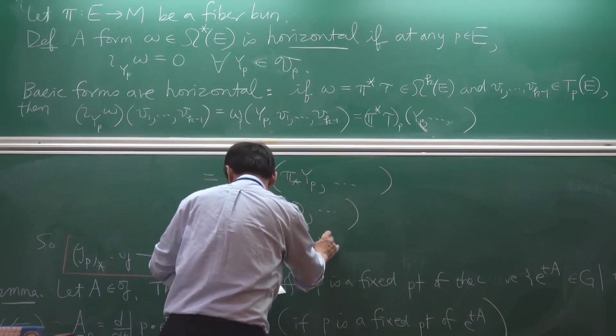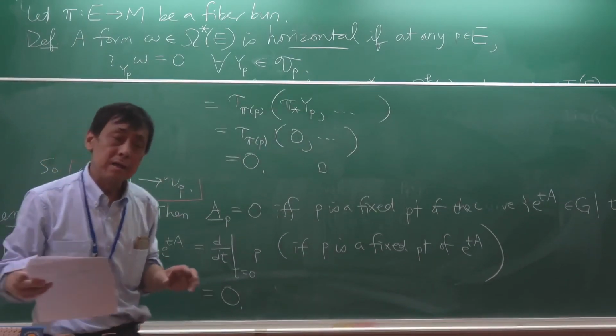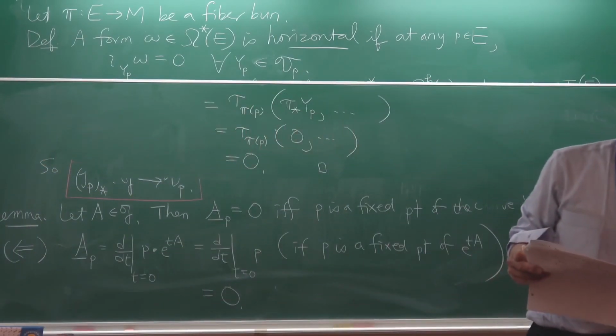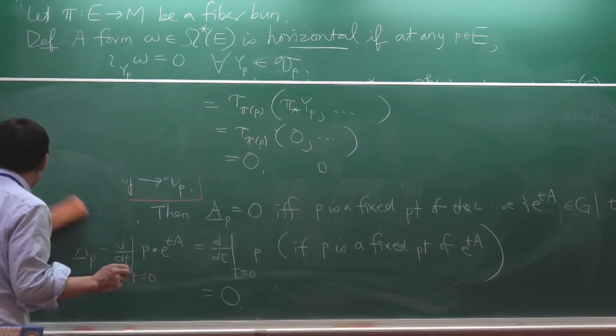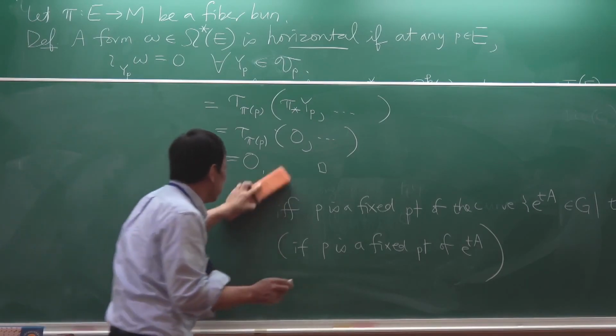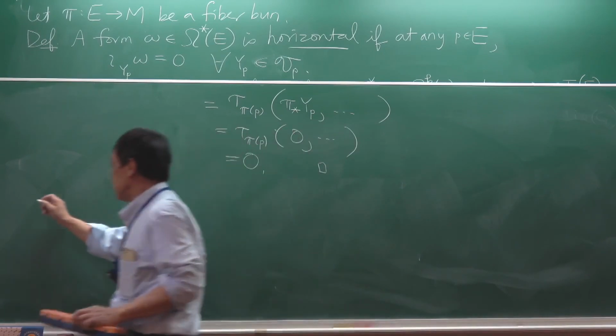So basic forms have two properties. And here is the theorem.